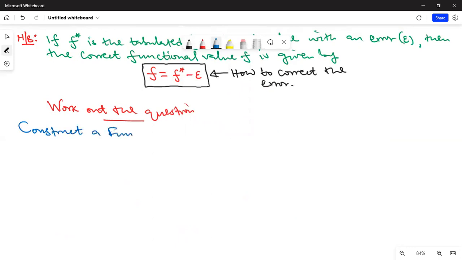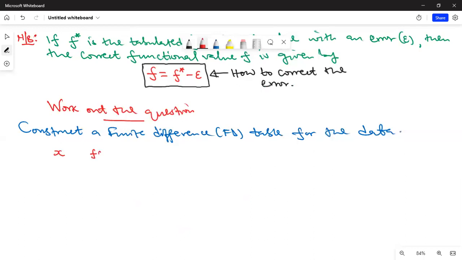I'll be abbreviating this as FD, construct finite difference table for the data. So we need the X values, and we also need the F of X values.